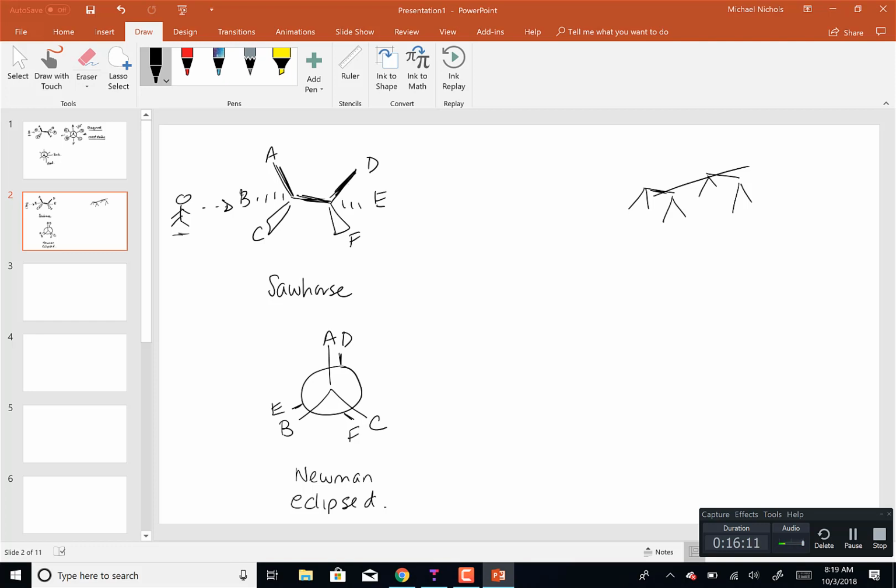As atoms, they're huge clouds of electron density. And whenever you get two big clouds of electron density as close together as possible, there's going to be repulsion. So this is going to be the least stable of the two conformations. So staggered's the most stable, eclipsed is the least stable.